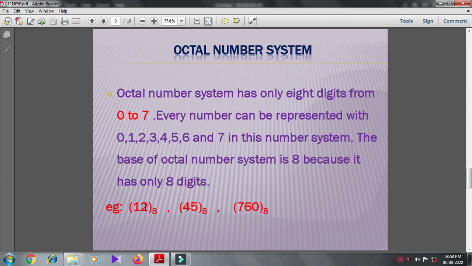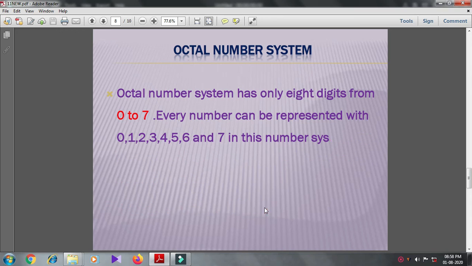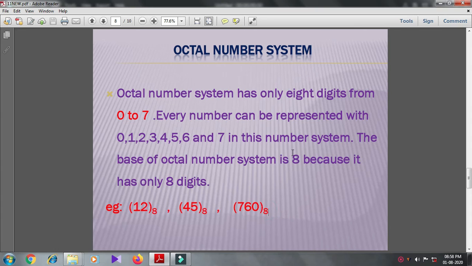For example, 12 base 8, 45 base 8, 760 base 8. Octal number system has only 8 digits from 0 to 7. Every number can be represented with 0 to 7 in this number system.